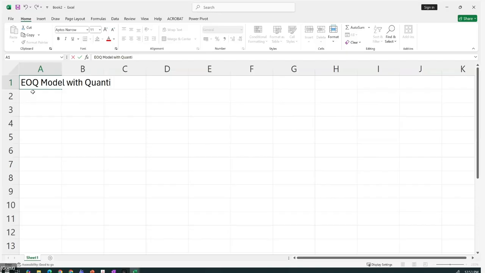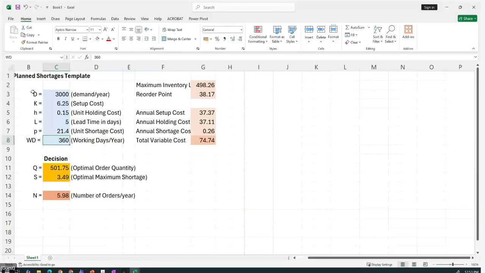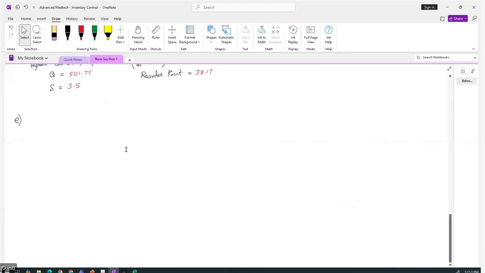quantity discounts. We'll build a template for an EOQ model with quantity discounts.